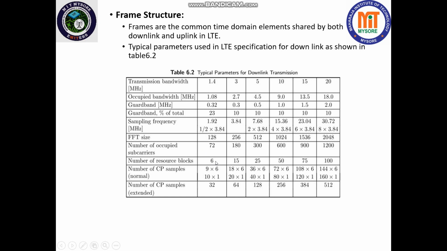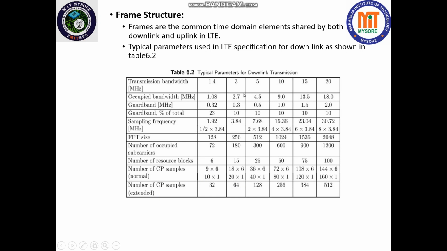What are these resource blocks? We are going to see next. And the number of CP samples, that is the cyclic prefix, which is the actual guard band to suppress the intersymbol interference. There are two types: normal cyclic prefix and extended cyclic prefix. We will discuss both of these.